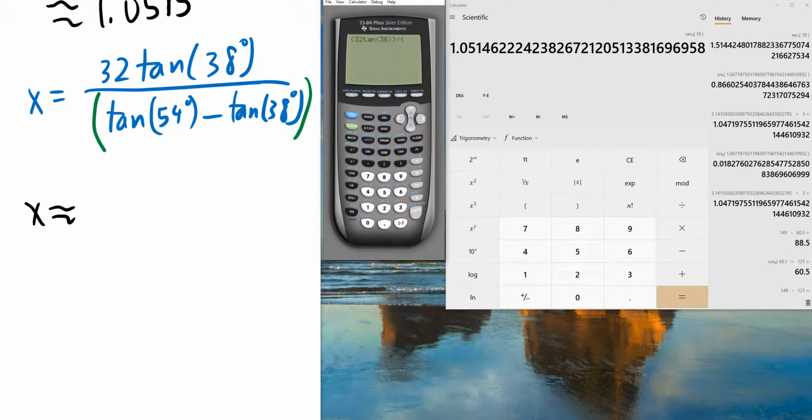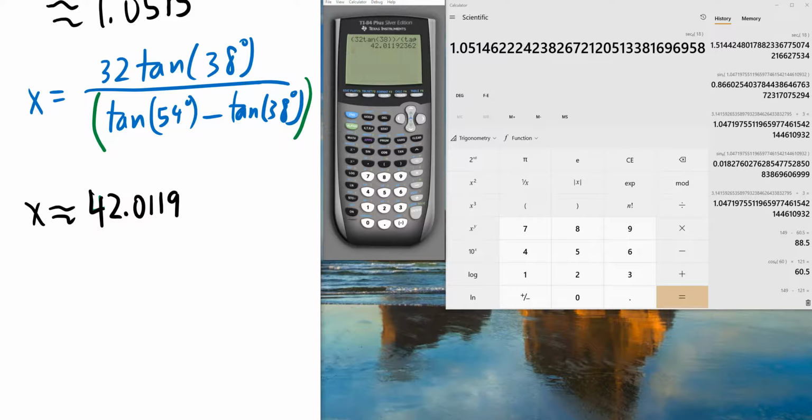Otherwise the calculator will not understand that the whole quantity goes in the denominator. So parentheses, we have tangent 54 minus tangent 38, close. So the answer is about 42.0119, like that. It's almost 42, right?